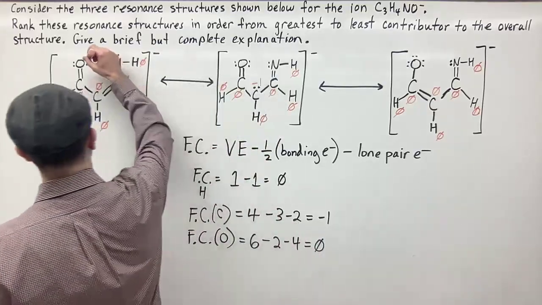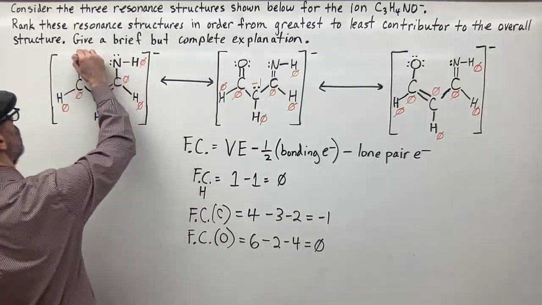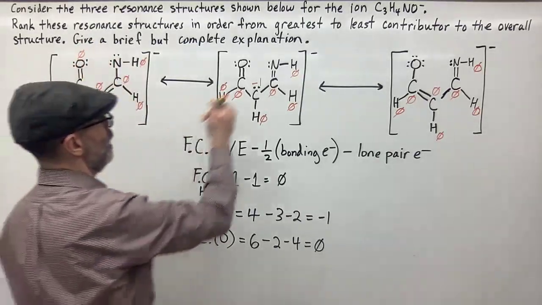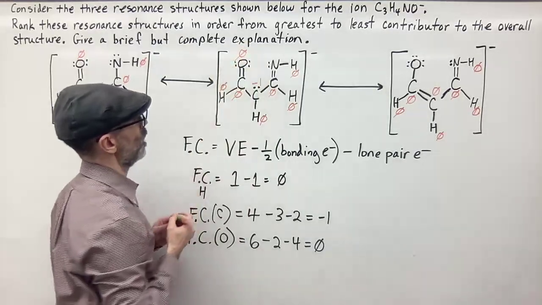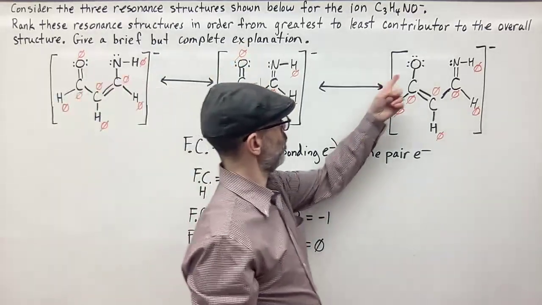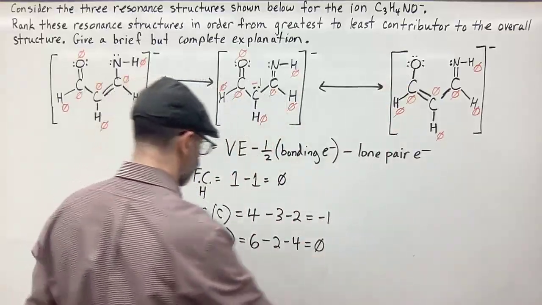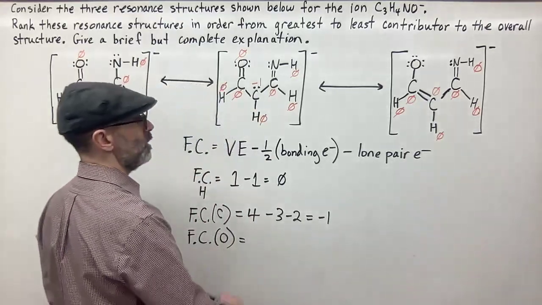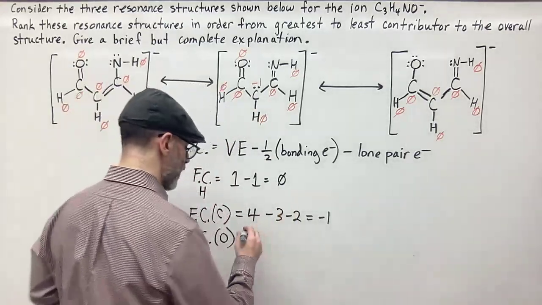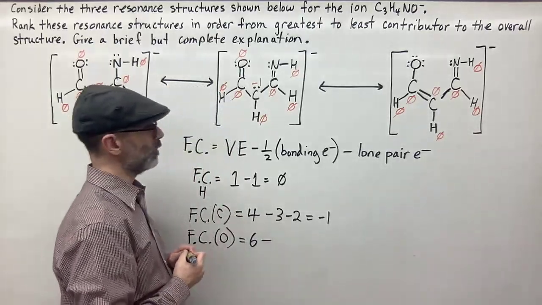So here we have 0 formal charge, right? This one has 2 bonds and 2 lone pairs, so that's going to have 0 formal charge. But this one has 1 bond and 3 lone pairs. So let's calculate the formal charge of that oxygen. In this case, again, we have 6 valence electrons for the oxygen.